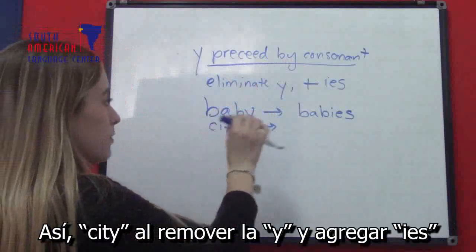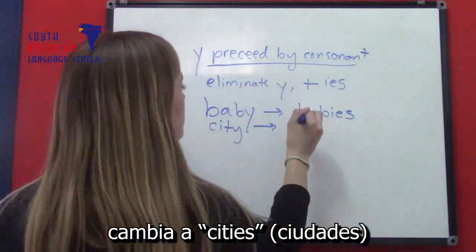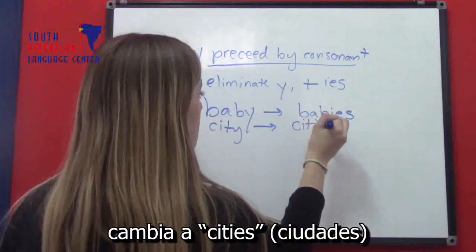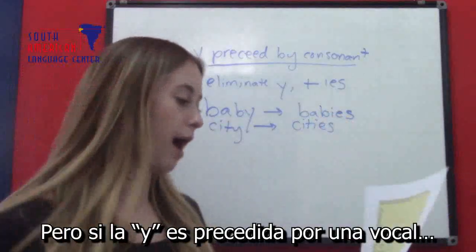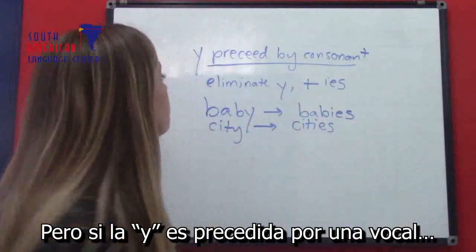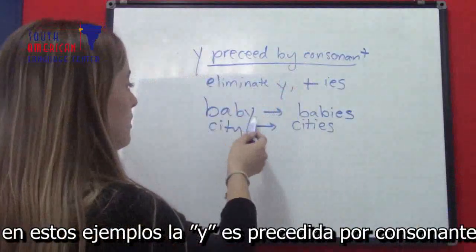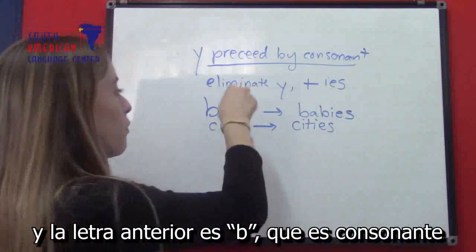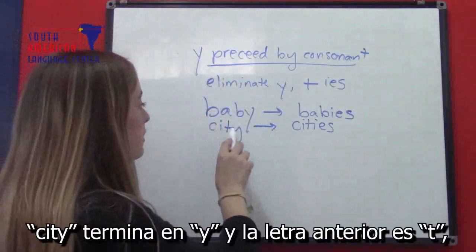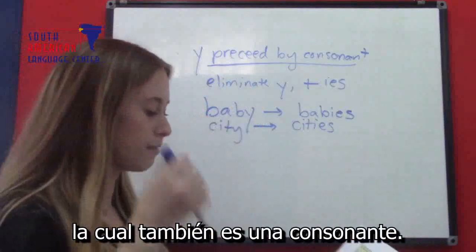So city, with removing the Y and adding IES, turns into cities. But if the Y is preceded by a vowel, so these examples are when Y is preceded by a consonant. So for example, baby ends in Y and the letter before is B, which is a consonant. City ends in Y and the letter before is T, which is also a consonant.